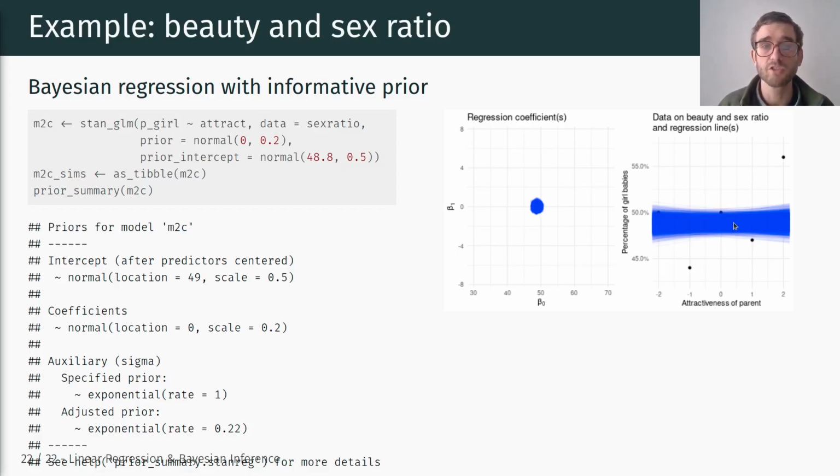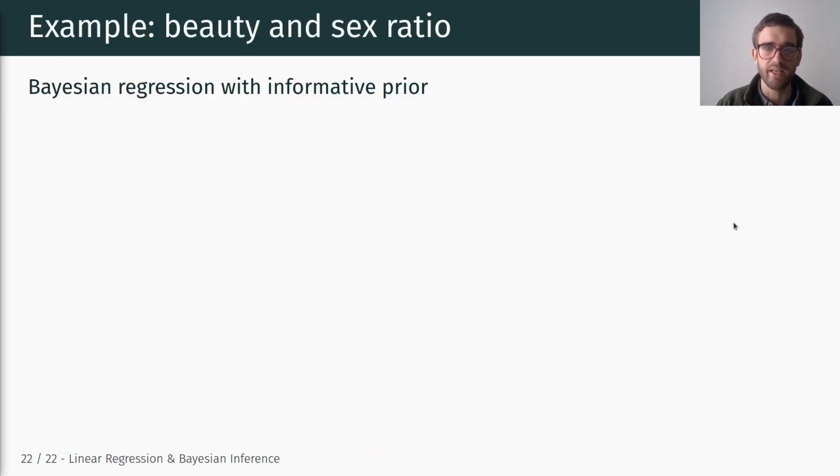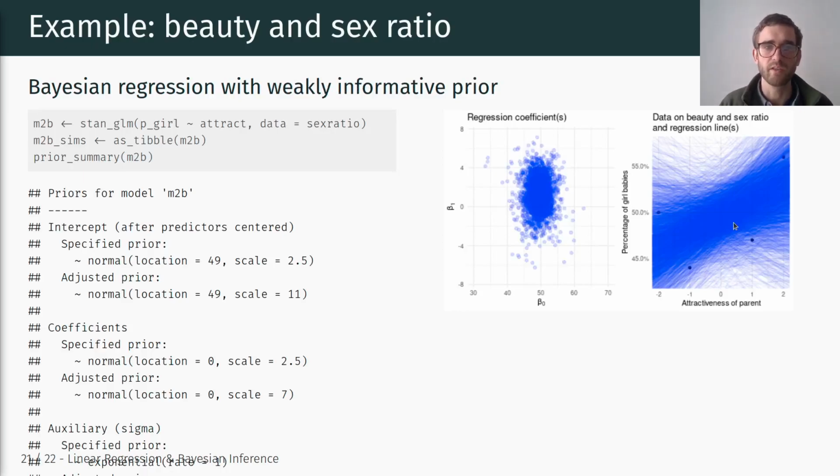We have much more precision because we took into account what we know about the natural variation in the percentage of girls that are born, and how much this varies across characteristics of the parents. And taking into account that prior information allows us to make much more precise predictions about new data sets than a completely naive model with weakly informative, or even more extreme, completely non-informative priors, right?